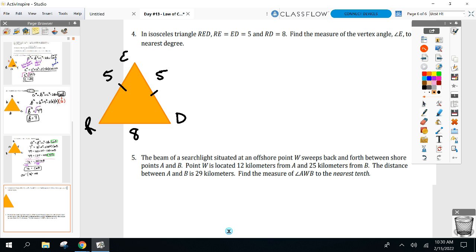Find vertex angle E now. So now we're going to use law of cosines to find the angle. Same procedure we just did. Get the cosine of E all by itself.